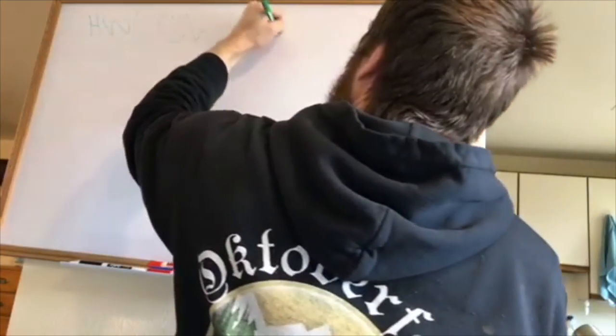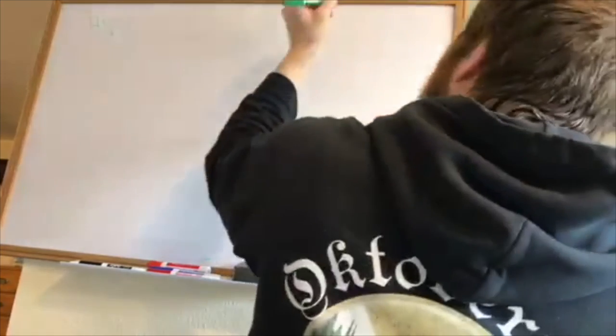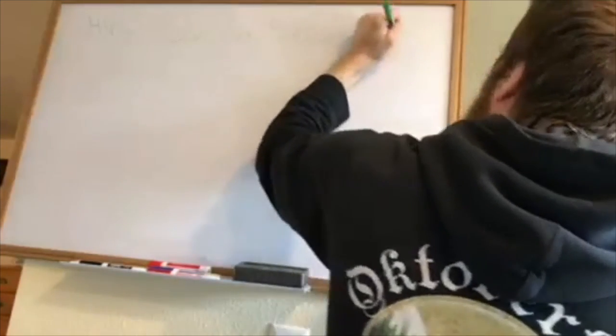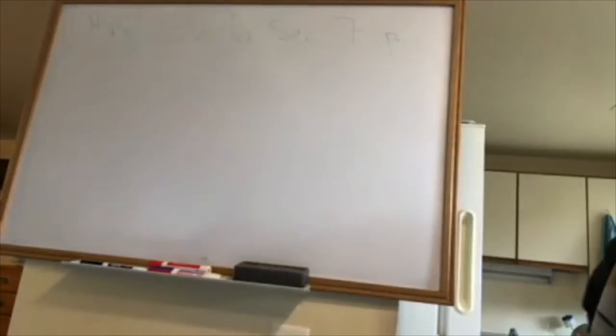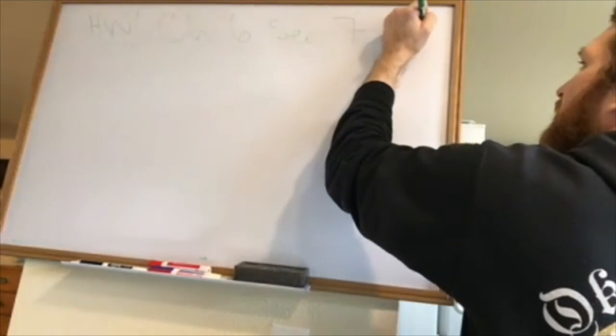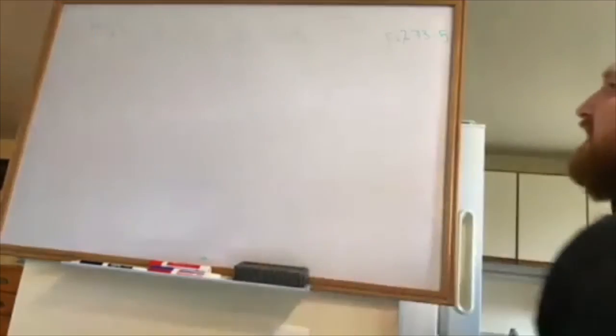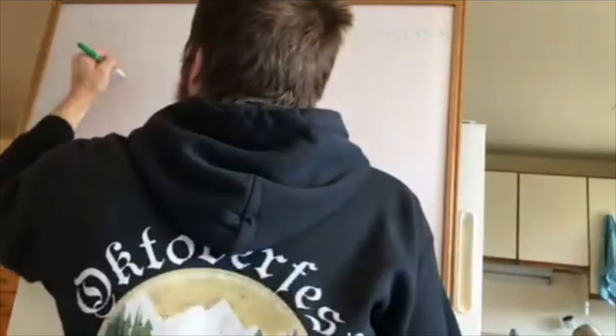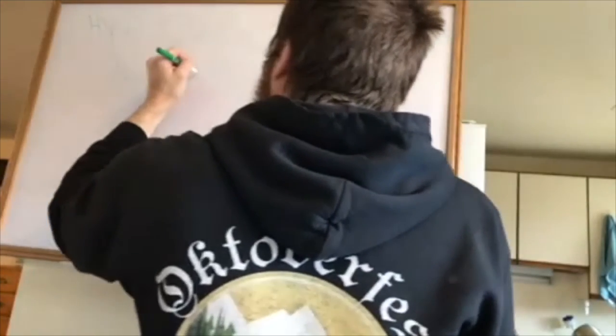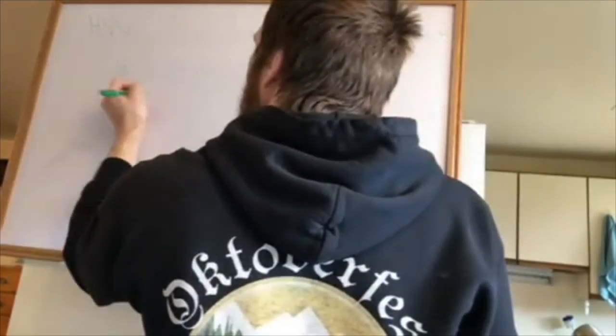Chapter 6, section 7. This is on page 273 to 275. Numbers 1 through 29 odd.